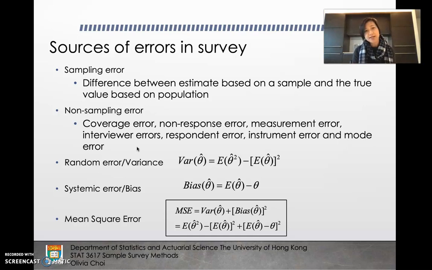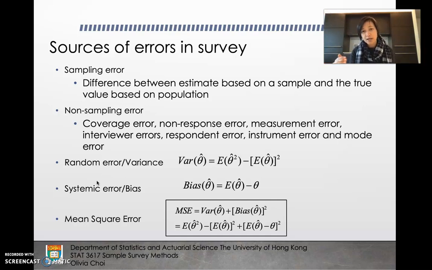One very classical example would be if we want to estimate the average hours of study for university students. Then the population would be all university students at Hong Kong U, for example. But if you design your survey based on the frame of students who go to the library to study, then you have a list of students going to the library, but apparently those students do not really cover the whole population of university students.